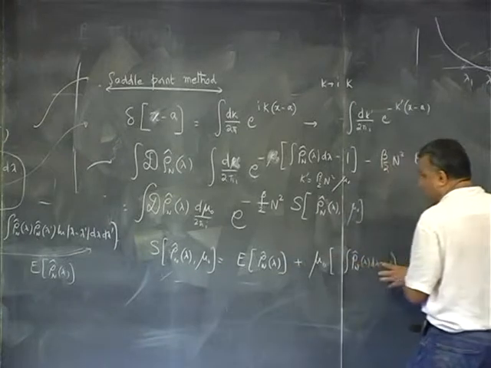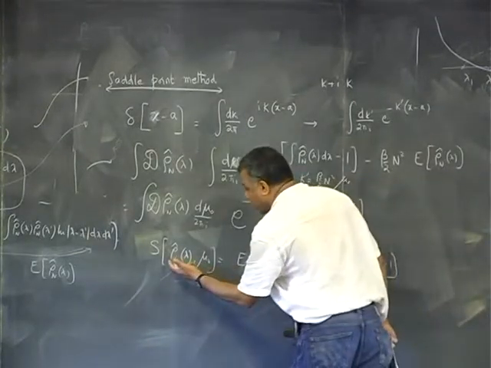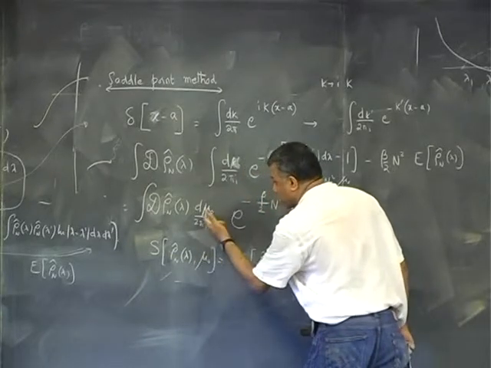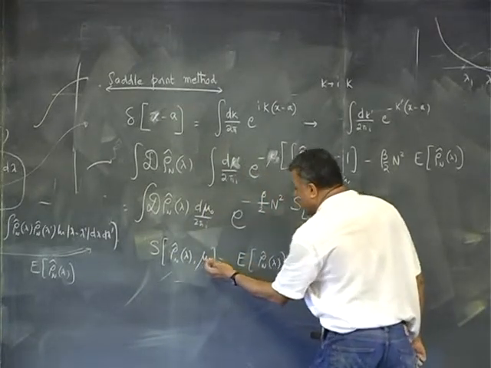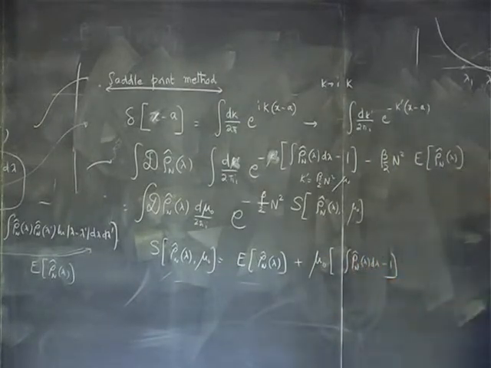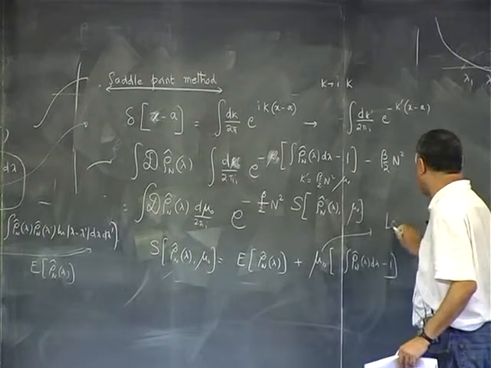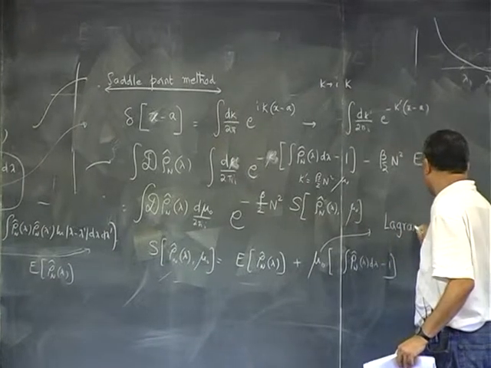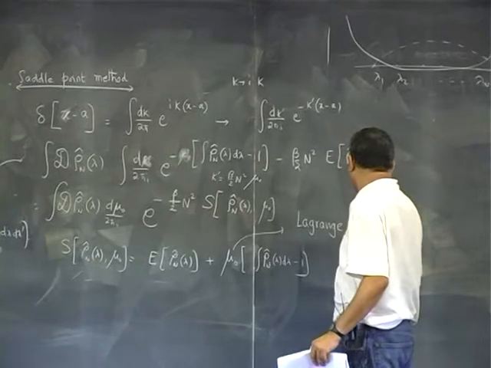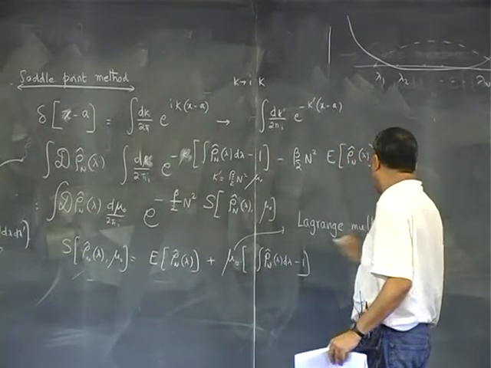So you have this, and now when you look for the saddle point, you have to minimize with respect to rho n hat lambda, and you also have to minimize with respect to mu naught. And when you minimize with respect to mu naught, you see that gives back this condition here. So you can think of this mu naught as a kind of Lagrange multiplier. That's the whole idea of Lagrange multiplier.